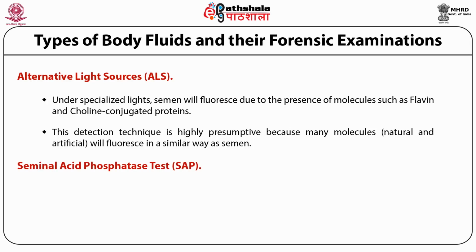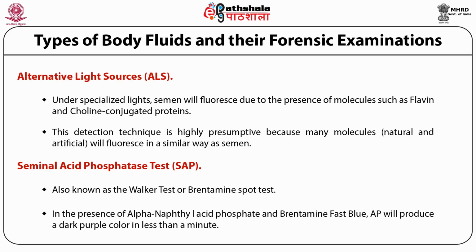Second is the seminal acid phosphatase test, SAP, also known as the Walker test or the beta-naphthyl amine spot test. In the presence of alpha-naphthyl acid phosphate and Fast Blue B, AP will produce a dark purple color in less than a minute.